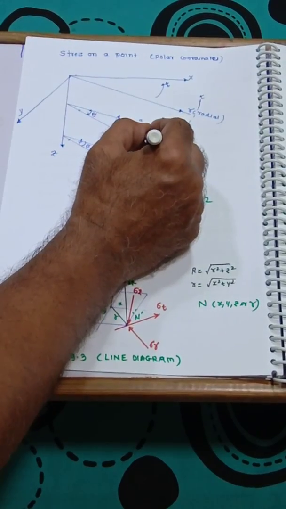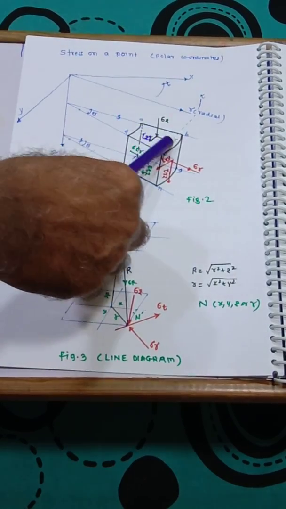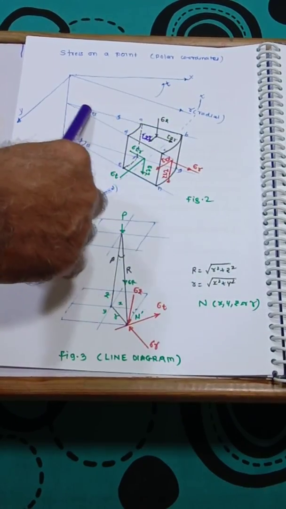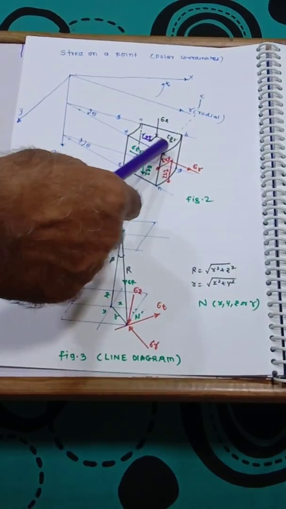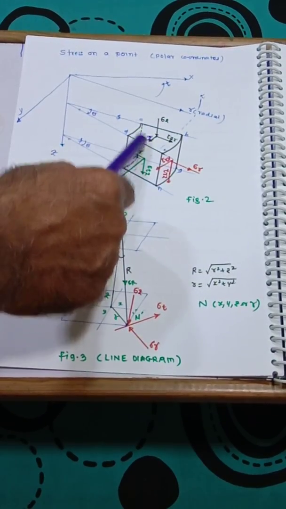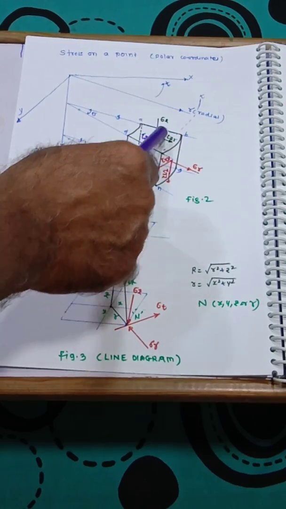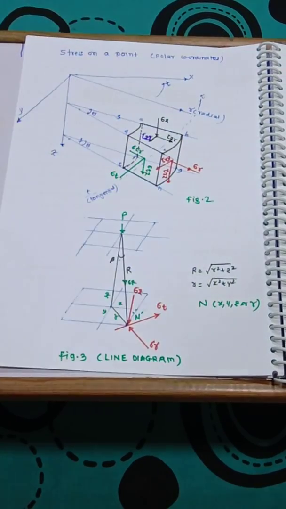So tau zy. Another stress is the tangential stress. As I said, as this plane is at distance z, the first letter is z, and it is parallel to the r, just like here. First distance is z and parallel to y. So this is tau zy.